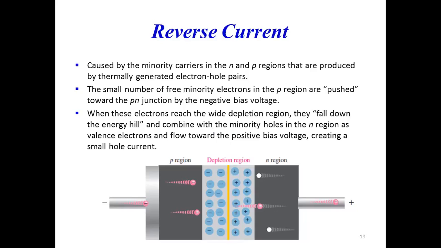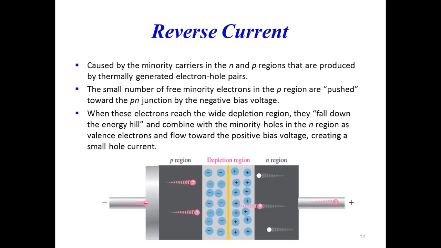Now, students, whenever there is an increase in the temperature, more and more electron hole pairs will be generated. So what will happen? Whenever there is an increase in the temperature, you will get a slight increase in this reverse current because more and more minority carriers will be available during the reverse bias condition. Okay. So definitely it is temperature dependent also.